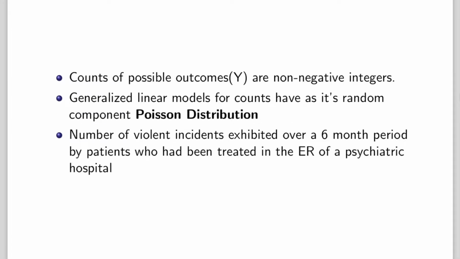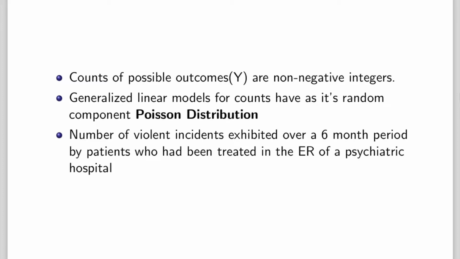So first, to understand what GLM for count data is, we have to make sure two conditions are fulfilled. One, the count of possible outcomes, which is also our response variable y, are non-negative integers. Two, generalized linear models for counts have as their random component the Poisson distribution.